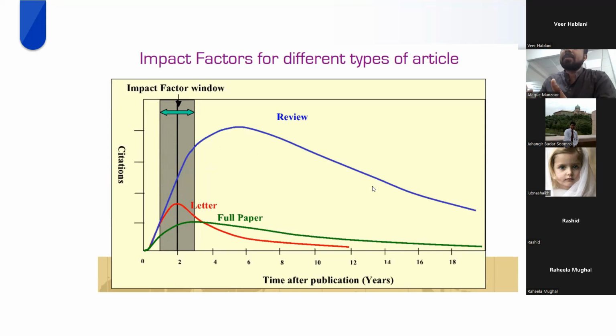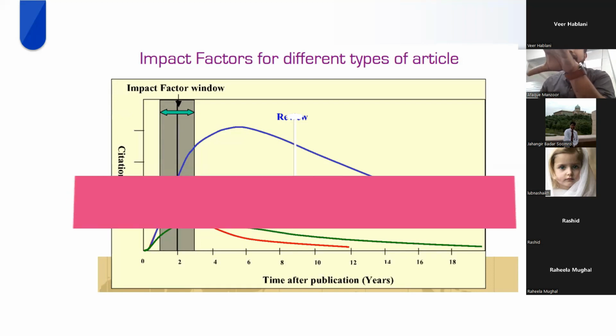The reason is that more people prefer reading these review articles. But in the case of a letter, over a short span of time, up to 2 to 3 years, it will bring more citations. More citations means more people are reading your work and trying to do similar work with some improvement, and they are giving you credit by citing your work. So the full paper has fewer citations.